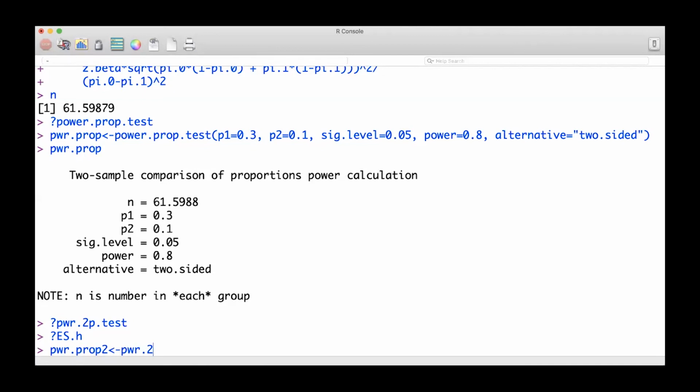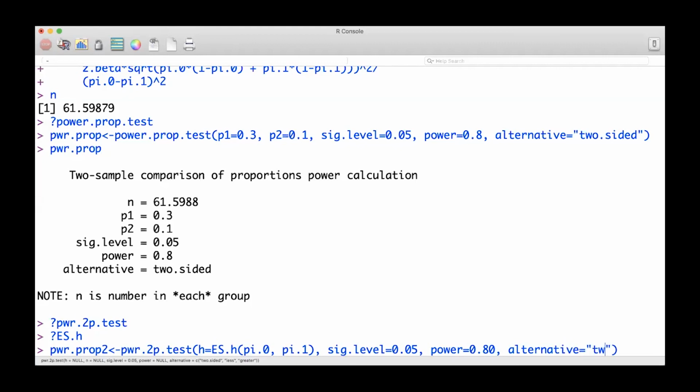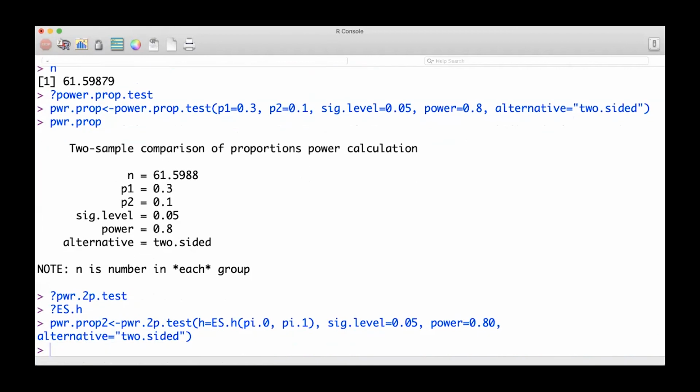So it is pwr.2p.test, and we're going to pass to h the value that results from our effect size estimate of pi naught and pi 1. Okay. Our significance level, again, we could leave this at the default, or we could specify it so that we type everything out and know exactly what we've put in. All right.